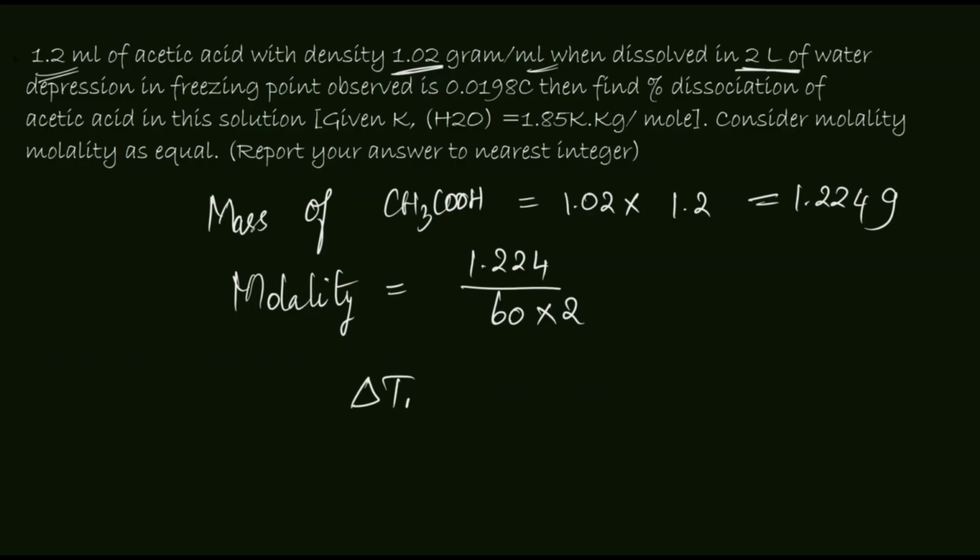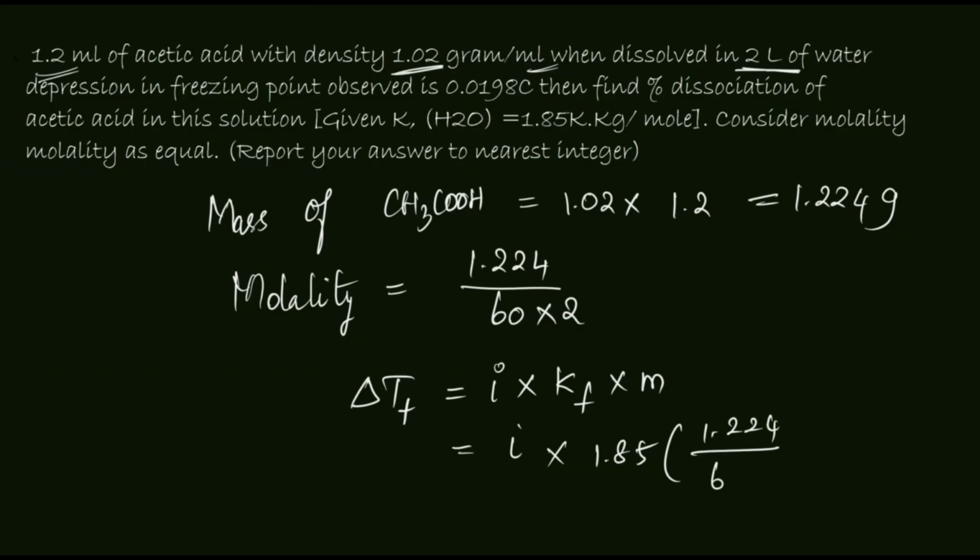Yeah, this delta Tf. Van't Hoff factor i into Kf into m, right? So i into Kf, that is given as 1.85, and the m value 1.224, 162, 120 also you can take.